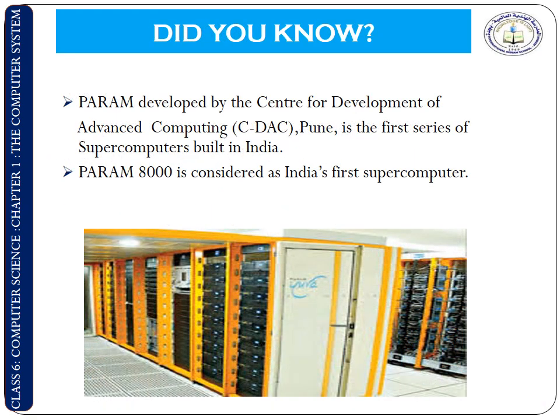Students, did you know about India's first supercomputer series? Param, developed by the Centre for Development of Advanced Computing, in short CDAC, Pune, is the first series of supercomputers built in India. And Param 8000 is considered India's first supercomputer.